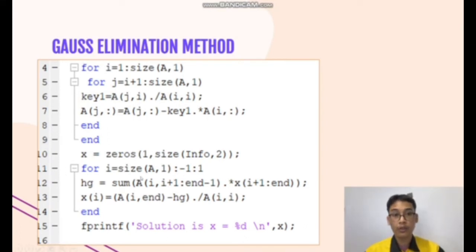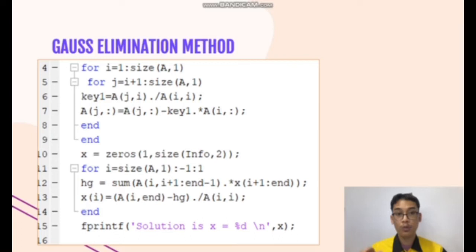Now this is the full coding for our Gauss elimination method that we use to prove that our simulation is correct. So x is actually the value that we want, that is our solution. For I equal to size A1, A bracket A comma 1, and this one negative 1 and 1, this is actually the back substitution for our matrix form. So let's say that our back substitution started with the lowest row from our matrix form.